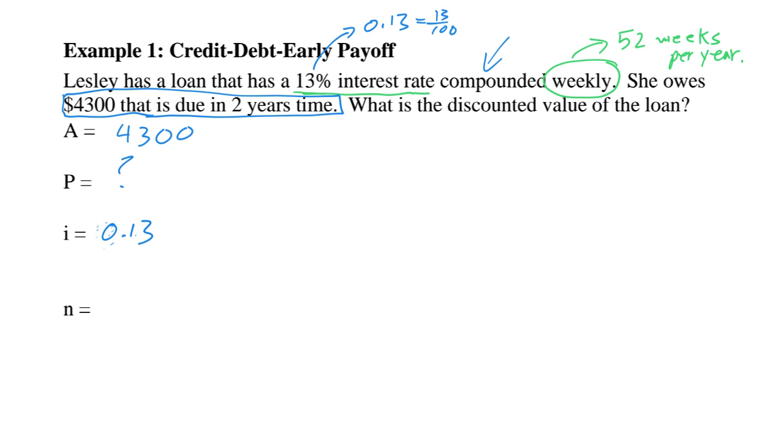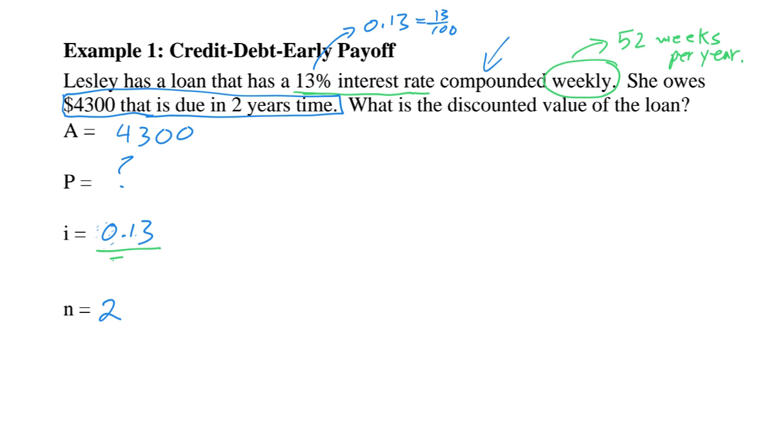Now, the N tells us that in 2 years' time, this thing is due, right? Here is what you need to know. We need to use that 52 weeks per year to change our I value into something compounding over 52 weeks.